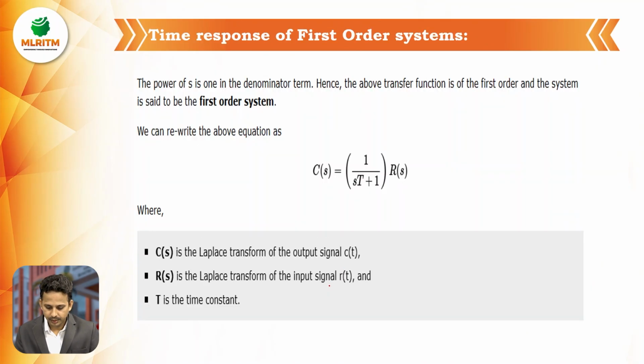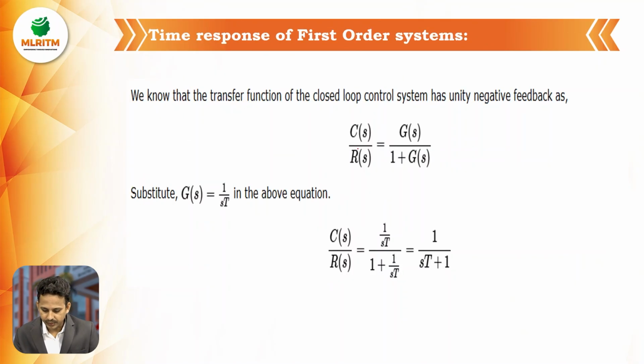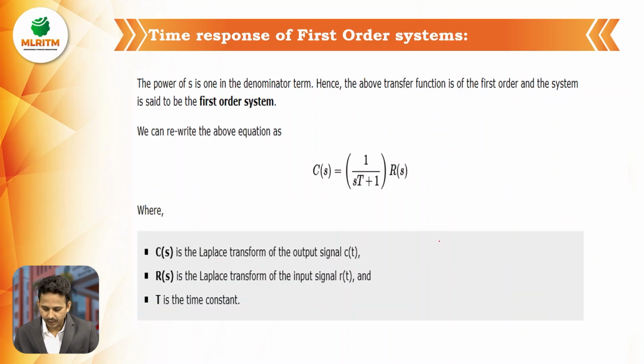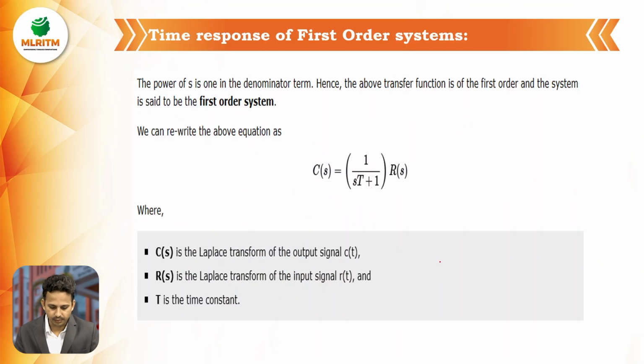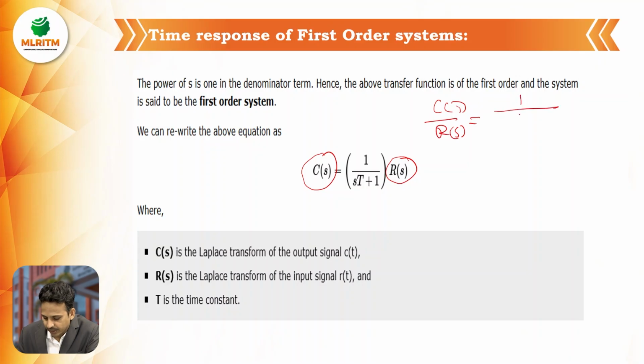Now see here, C of s by R of s equals G of s by 1 plus G of s. After substituting the G of s value, we get 1 by 1 plus s tau. Now I want to find the response of the system. Response means the output of the system. So the transfer function C of s by R of s is equal to 1 by 1 plus tau s.